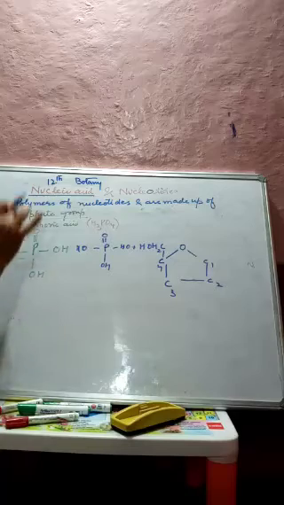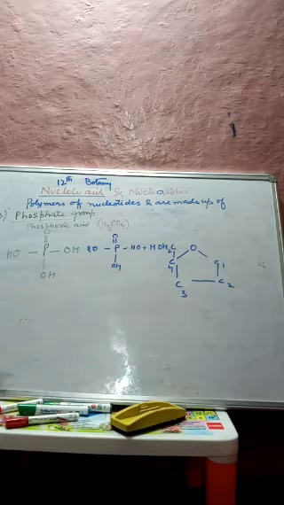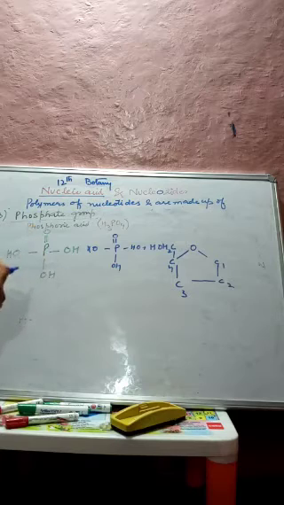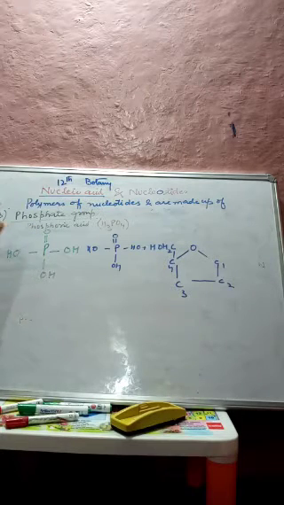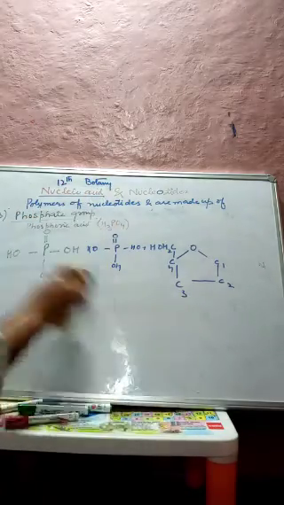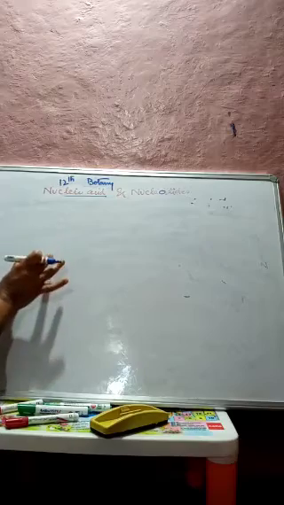Now, how these three things, that is the pentose sugar, the nitrogen base, and the phosphoric acid, combine together to form a nucleotide.